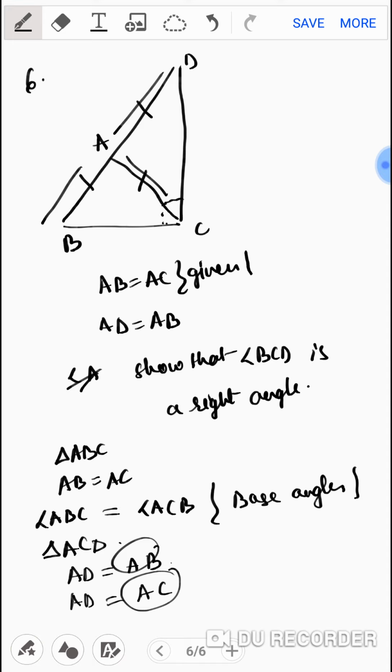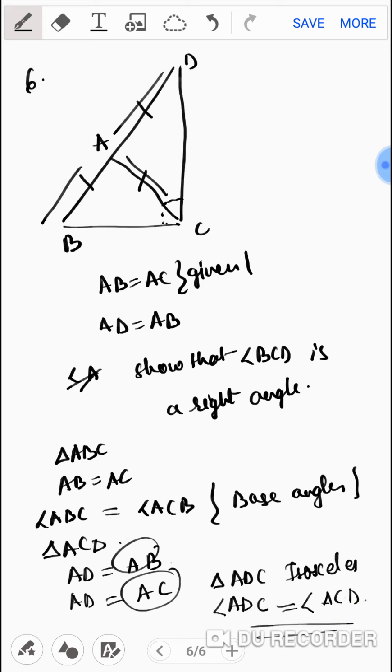So in a way your triangle ADC also becomes an isosceles triangle. Once it becomes an isosceles triangle, can I write angle ADC is equal to angle ACD? Opposite angles of an isosceles triangle. Clear?